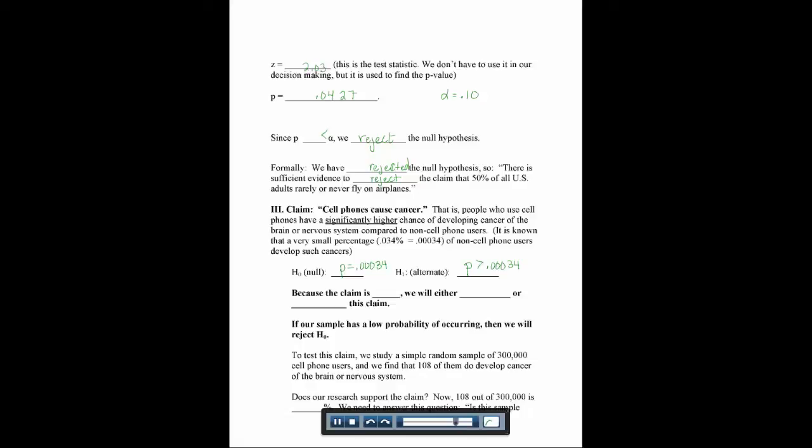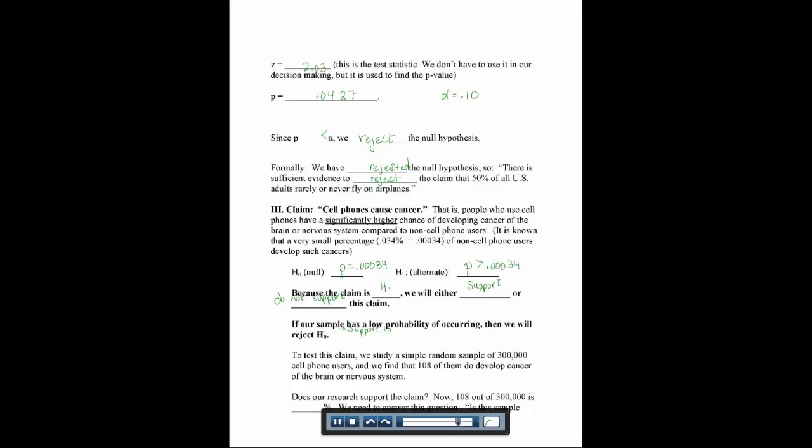Okay, now since our claim is our alternate hypothesis, H1, remember we either support H1 or do not support H1. Okay, so if we have a low p-value, then we'll reject H0, which would mean support H1.